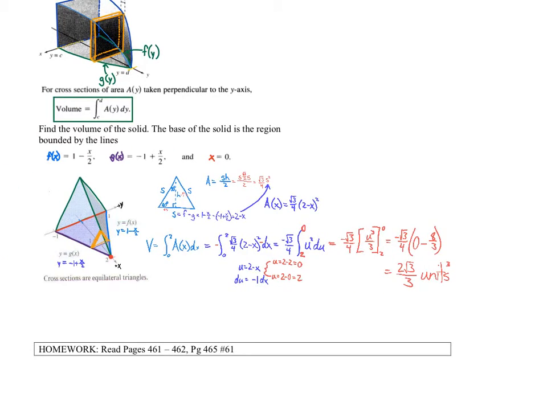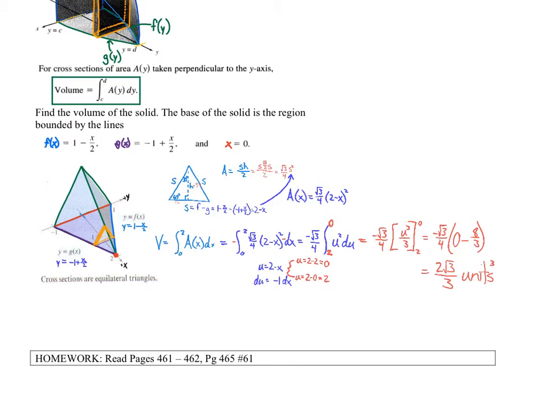So, here we had equilateral triangles. You had to construct your A of x using the functions you were given and using a formula for the area of equilateral triangles. You might be given semicircles. You might be given a rectangle.